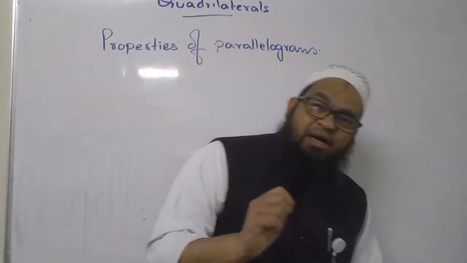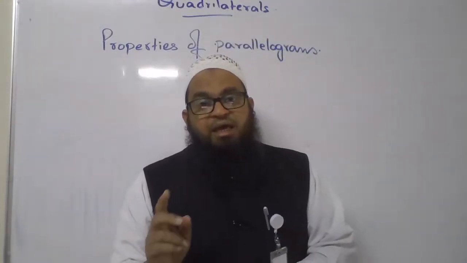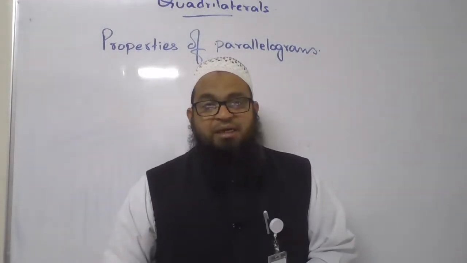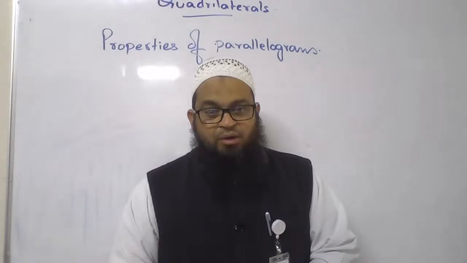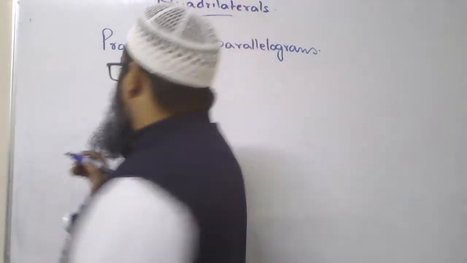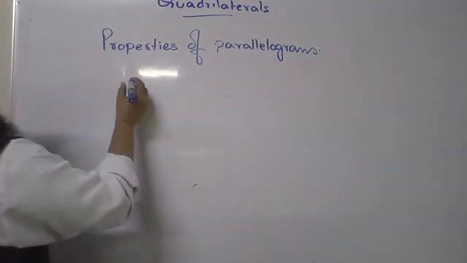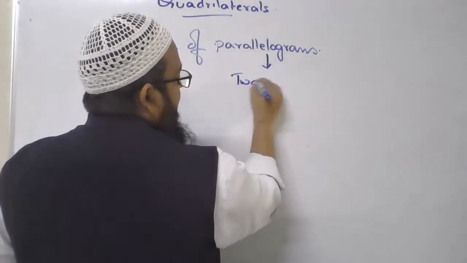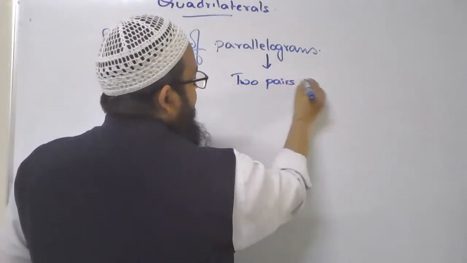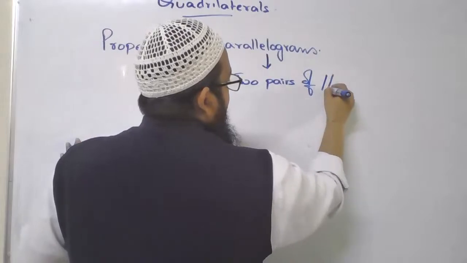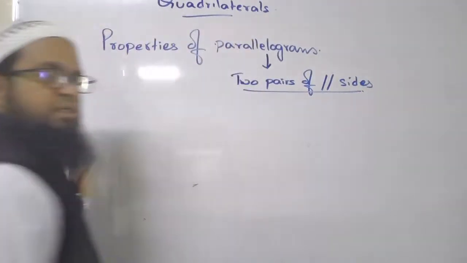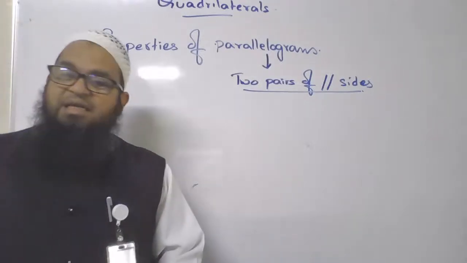A parallelogram is defined as: if a quadrilateral has two pairs of parallel sides, then it is called a parallelogram. So what is the definition of a parallelogram? Two pairs of parallel sides. If you have two pairs of parallel sides, then you call it a parallelogram.